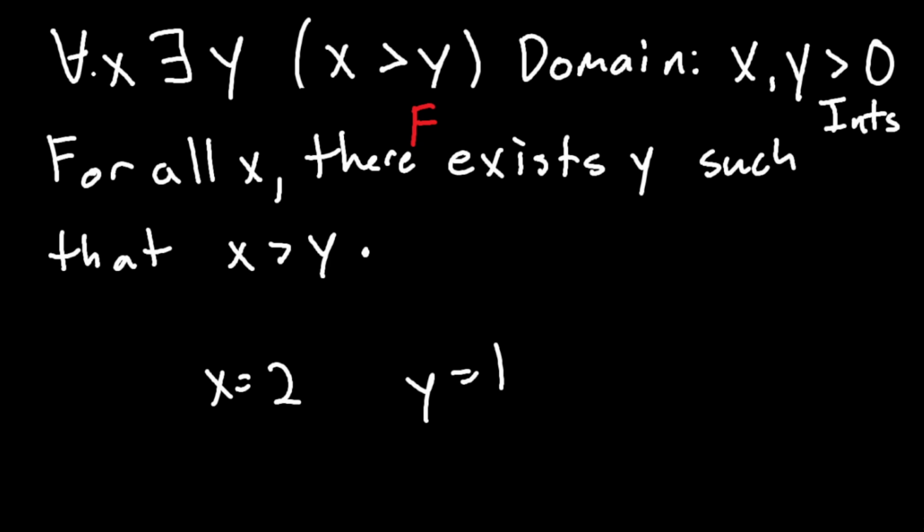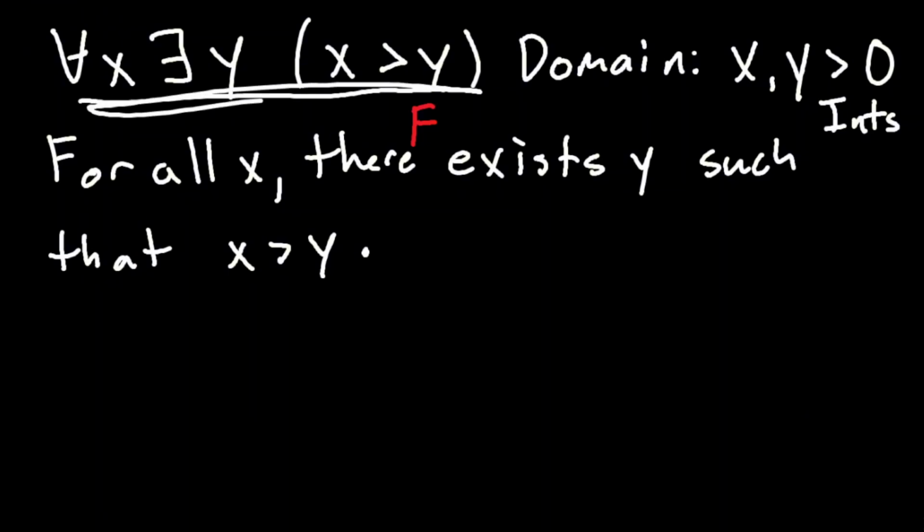If x was any number other than 1, this would be true. But since there is a single value that disproves this, this entire thing is false. So a good way to understand nested quantifiers is to write it down in sentence form. But let's go ahead and actually interpret some English statements here.